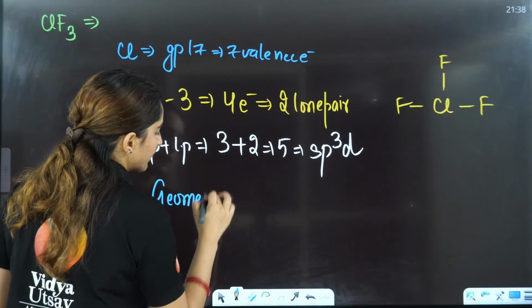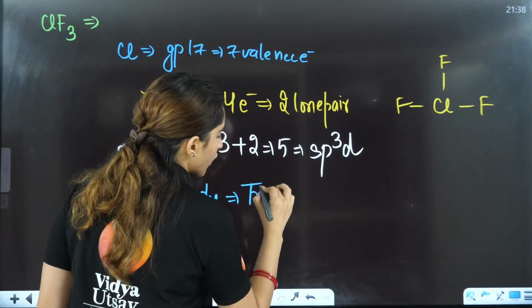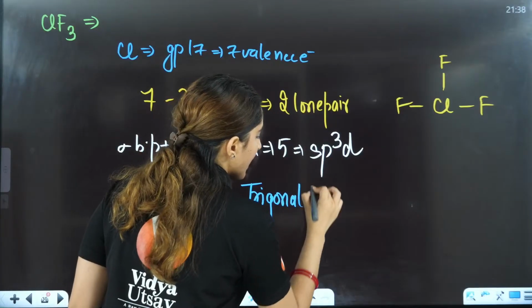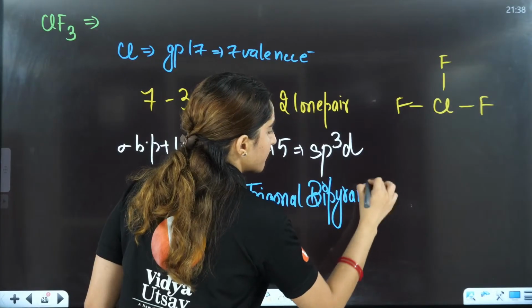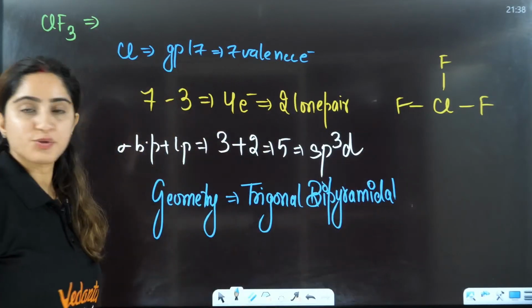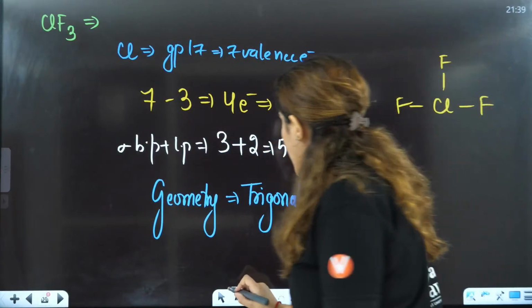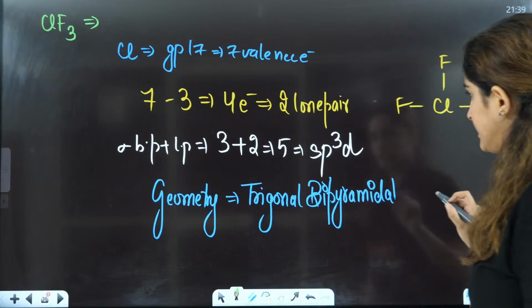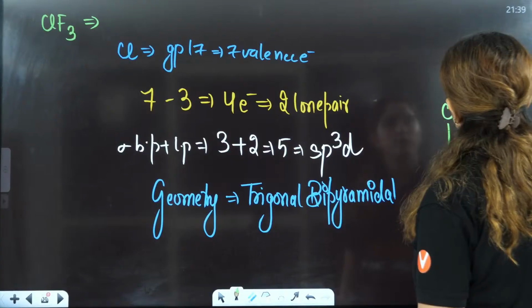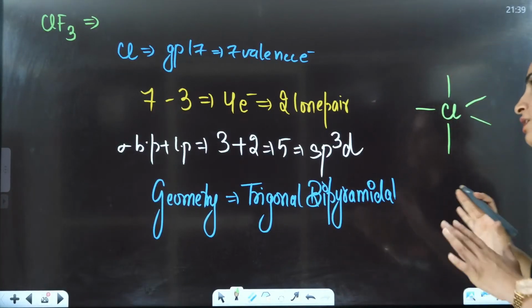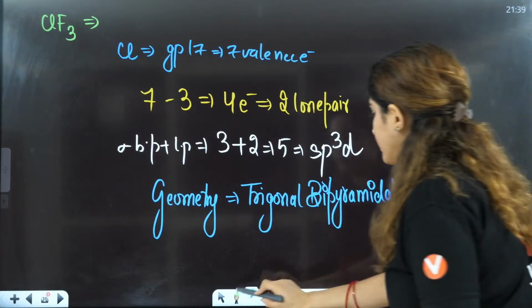The geometry is going to be trigonal bipyramidal, okay, right? Now tell me one thing. For trigonal bipyramidal, it should have this kind of structure, 1, 2, 3, 4, 5. I should always place 2 lone pairs on the equatorial position, so I will place it here, right?